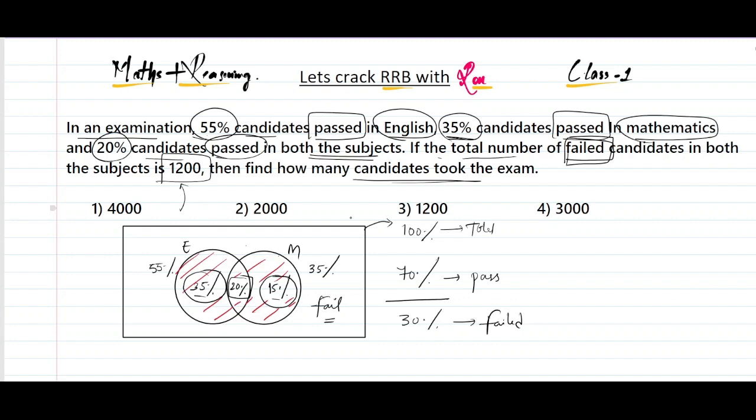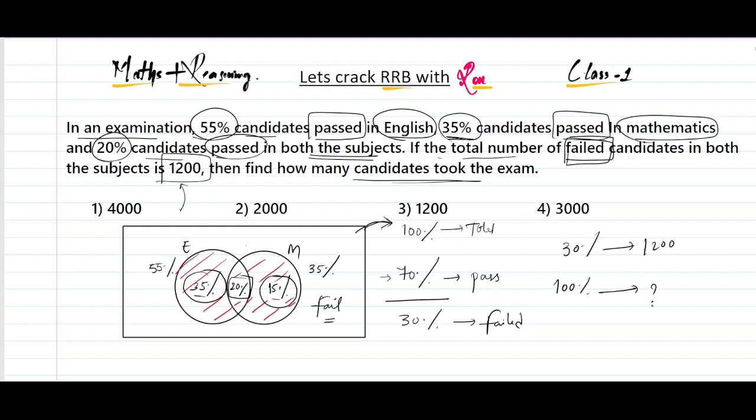Again, I will repeat: 35 only English, 15 only maths, 20 both, 70 at least one subject. Total minus those who passed at least one subject means failed. So this 30% is given as 1200 students. To find how many candidates took the exam, the total, which is 100%, how much?